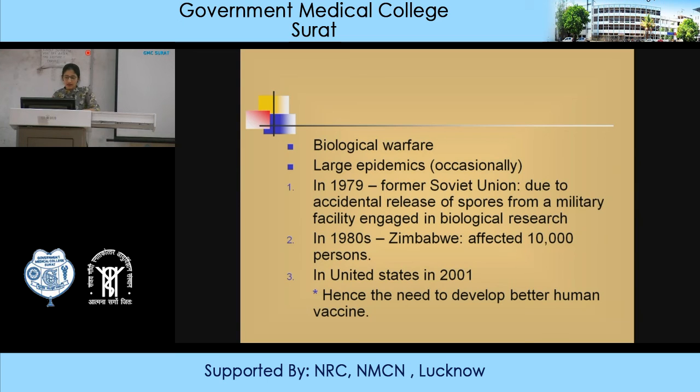A large epidemic, very rare, occurred in 1979 in the former Soviet Union due to accidental release of spores from a military facility engaged in biological research. In 1980 in Zimbabwe it affected 10,000 persons. In 2001 it was also used as a biological weapon in the United States. Hence the need to develop better human vaccines.